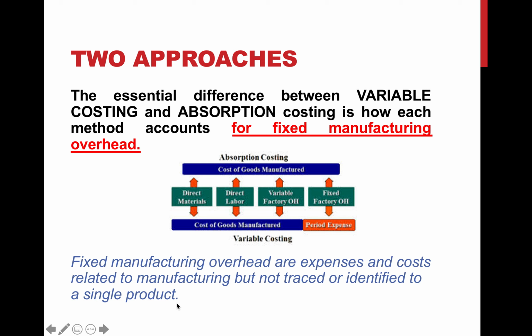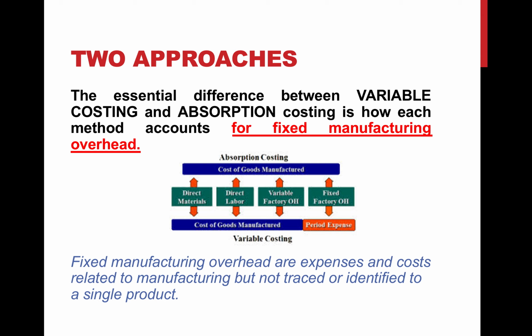That's the meaning of manufacturing overhead. And from manufacturing overhead, one common example is depreciation of the machinery. Depreciation of the machinery is a manufacturing cost, and if it's calculated in a straight line, no matter how much you produce, you have a fixed cost, right? And you cannot trace that cost of depreciation to a single product.